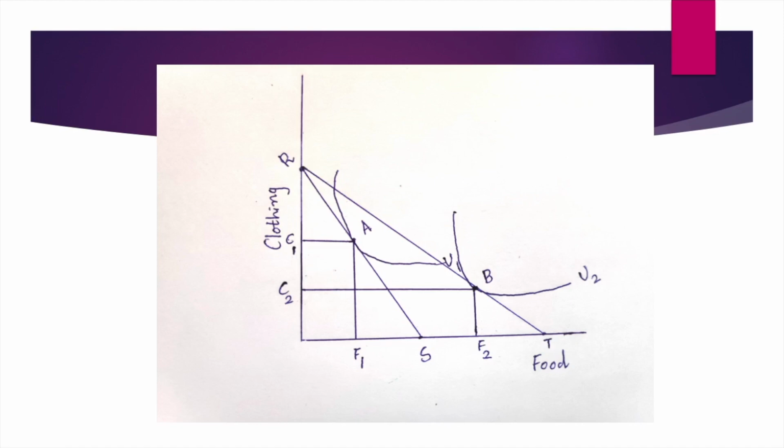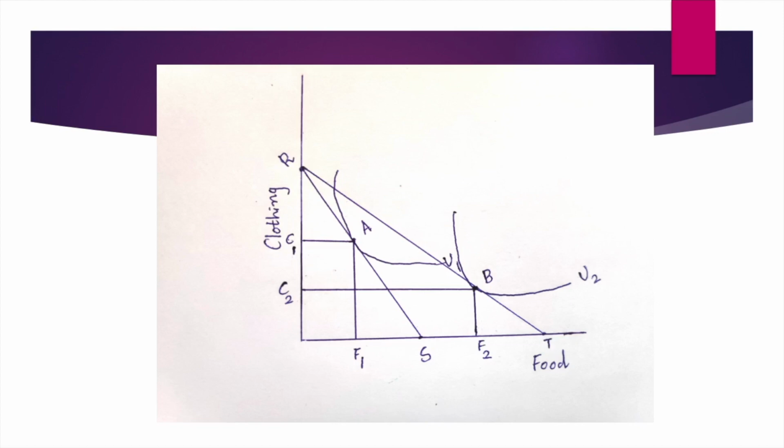Now, let's see what happens if the price of food falls. The budget line rotates to RT as the price of food falls with the price of clothing remaining the same. So, at the new budget line RT, the consumer now chooses the market basket B on indifference curve U2. At market basket B, the consumer purchases C2 amount of clothing and F2 amount of food.